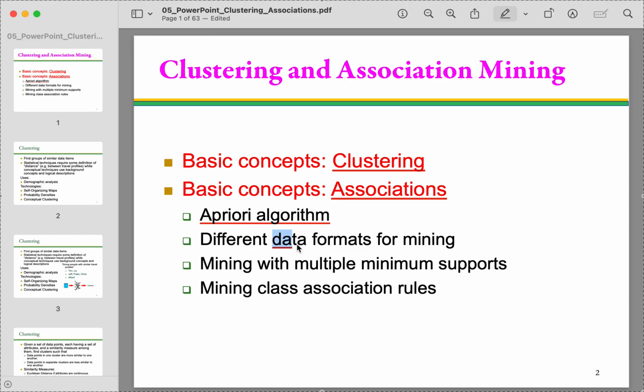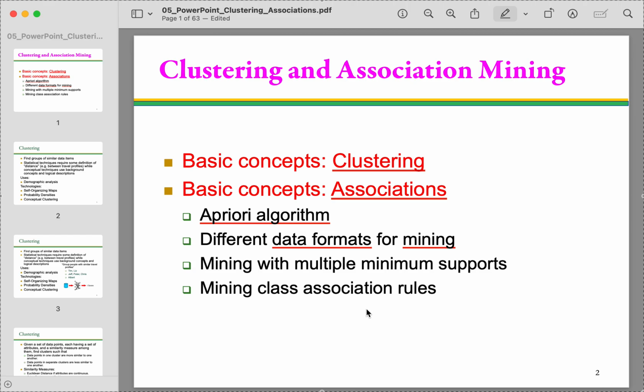We will look at data formats and the way the data is stored and organized before we start extracting these kind of patterns such as clusters and associations from the data.